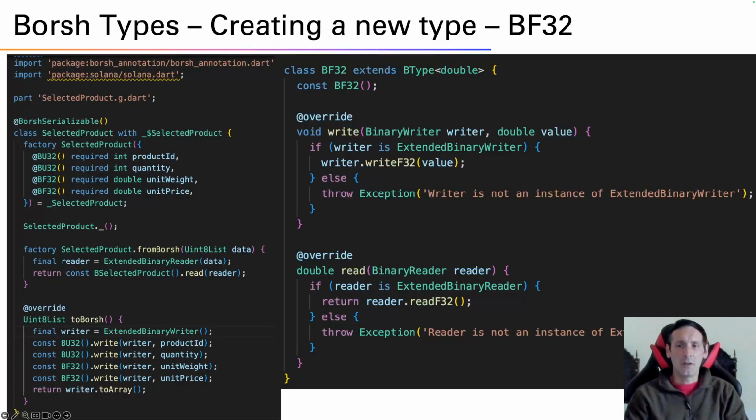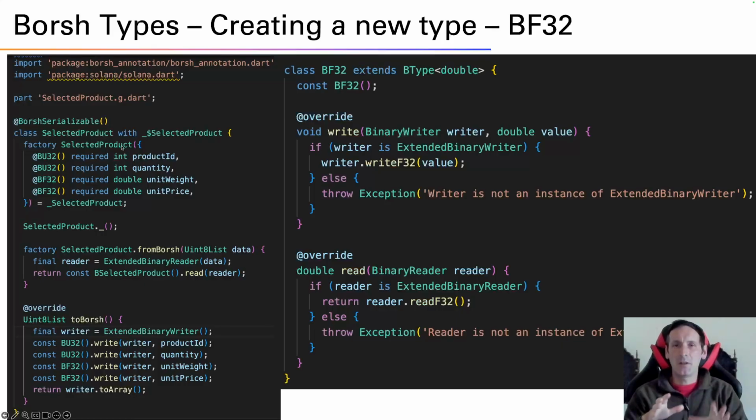All right, so let's get started by looking at the code that I have here. Ignore this part for a second, just focus on this one for now. As you can see, we are using the Borsh annotations.dart package, and the other one is Solana.dart.